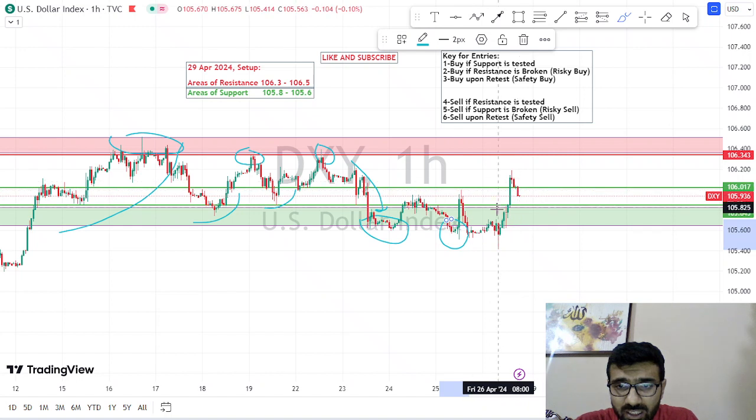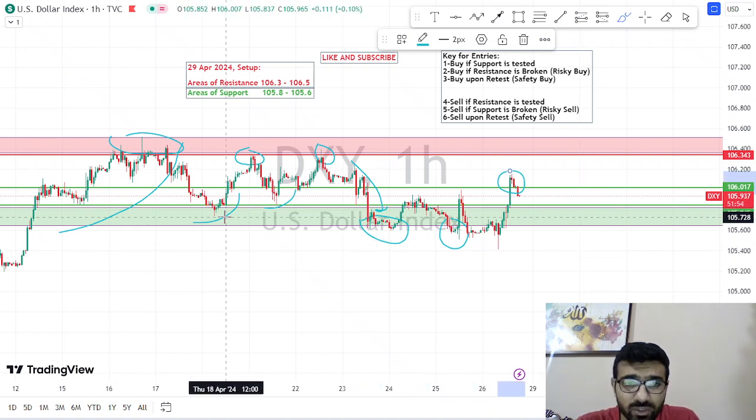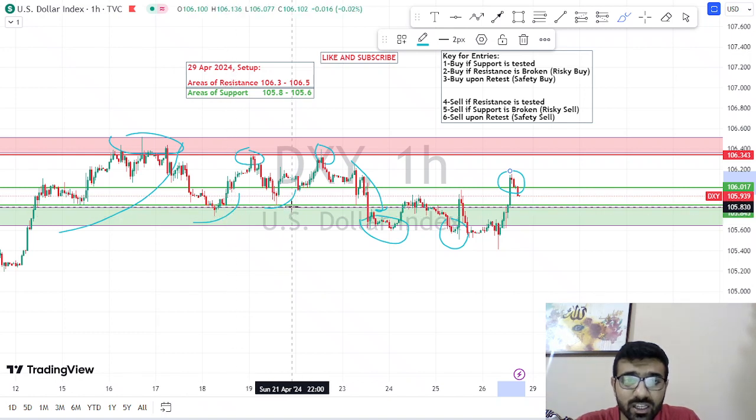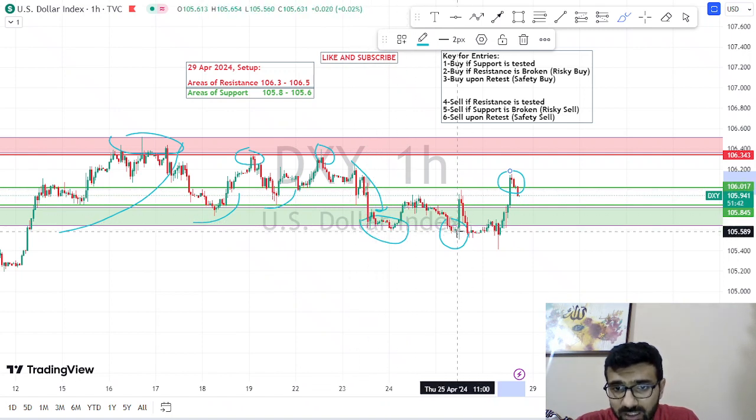Now you can once again see that the market tried to go up, but again this area is acting as an area of resistance. You have to figure it out for yourself that this lower high and this lower high have now been broken, and now this is a low and this is a lower low.